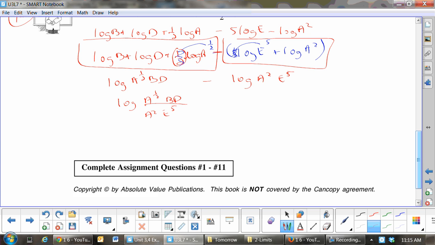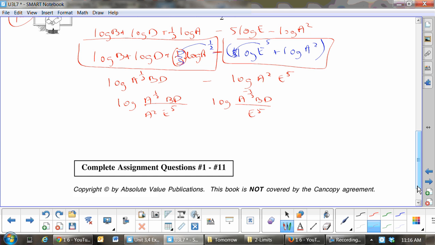Am I totally simplified? No, I can do the a's. Now, what's 1/2 minus 2? Oh, that'd be minus 1, negative 3 over 2. Okay? So this would be log a to the negative 3 over 2 b d all over e to the 5. Now, this isn't allowed.